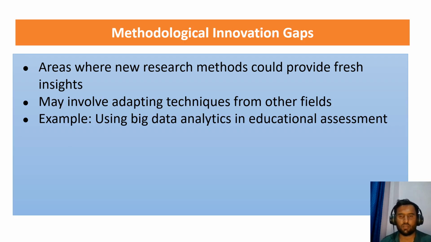So in this case, educational assessment, big data is used, so methodology, either qualitative or quantitative. What kinds of method is used, what kind of procedure is used, that will generate different insights. So we should look for a methodological gap while conducting research.